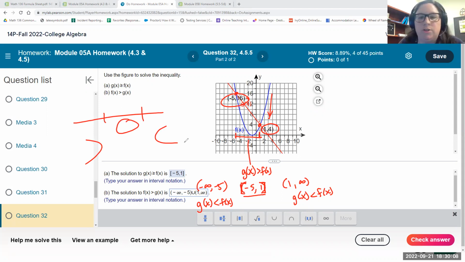Those are pretty much what your solutions are going to look like, other than if the x-intercepts merge down into a single point, then you could have a single point as a solution value, or if it's all the way above, you could end up with no solution or all real numbers. But most of the time, it's going to be the middle interval or the 2 outside.